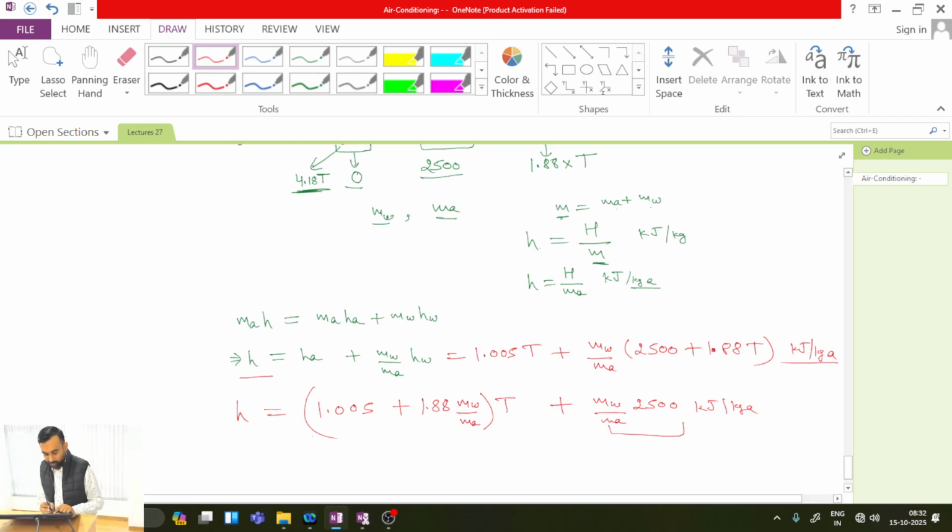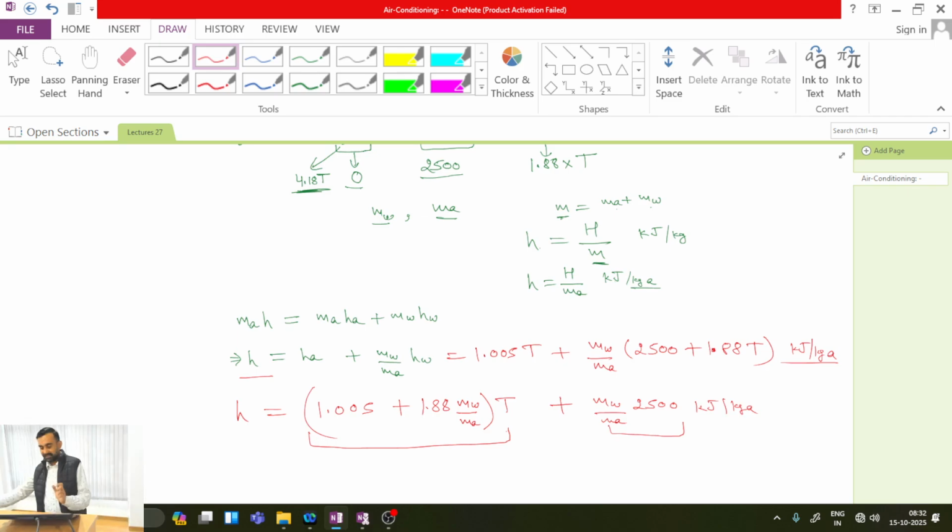And what does the other portion represent? It represents the sensible heat: the first term is the sensible heat of dry air, and the second term is the sensible heat of the water vapor present with the dry air.